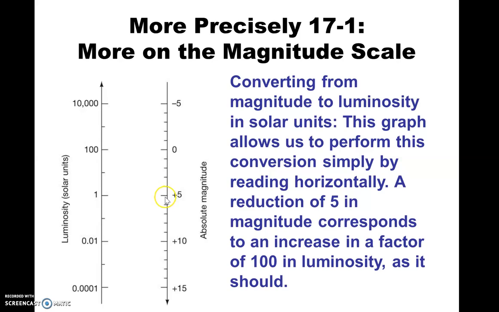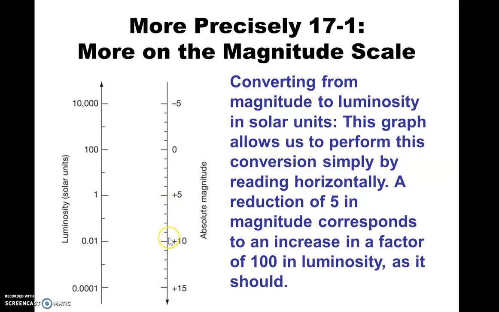So if you go to a brighter star, if you make a change in absolute magnitude of 5 steps to a 0th magnitude star, the luminosity would be 100 times that of the sun. All right? And the opposite is true, of course.